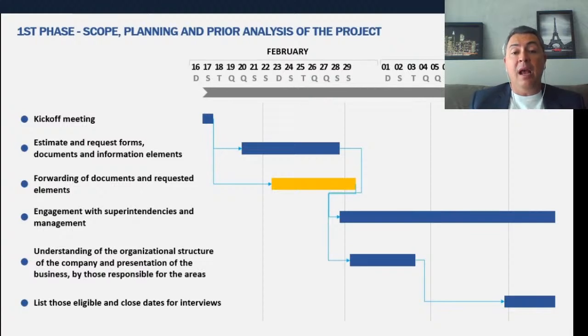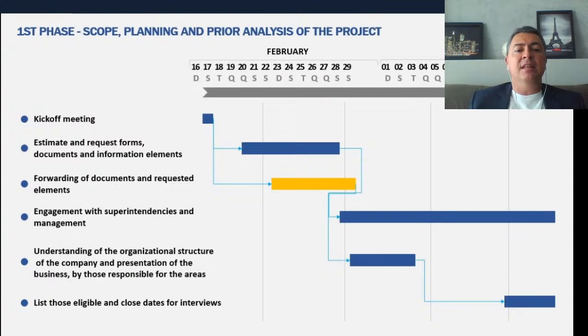We want them to be aware of the importance of this project, of the importance of complying with the data privacy regulation. Remember that any data privacy project is a corporate culture change, and you don't change the culture of any organization from the bottom to the top. It's the opposite. It needs to come from the top. It needs to have the C-level as the sponsor of this project.